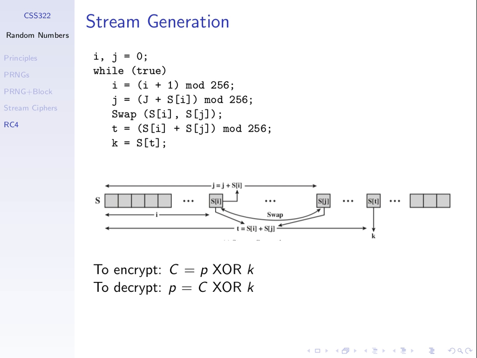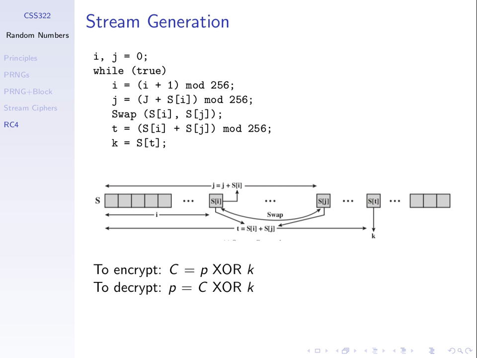We're mod by 8 in our example. So the new value of i will be 1. j equals j plus S of i. j equals the initial value of j, 0, plus S of i is 1, S1. What is the value of S1? Well, from our state vector here, S1 is 3.